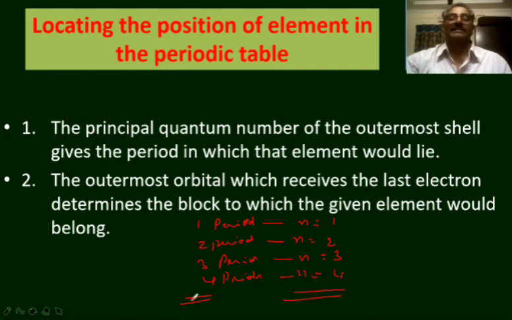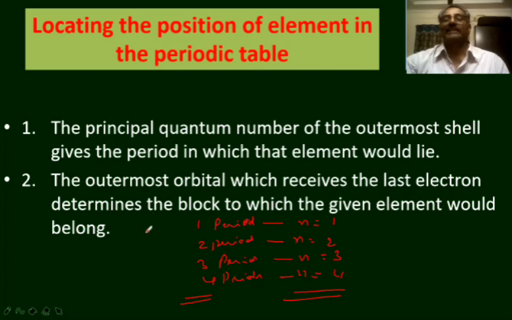Next, the outermost orbital which receives the last electron determines the block to which the given element would belong. So after the identification of the period, we can identify the block in which the element belongs.